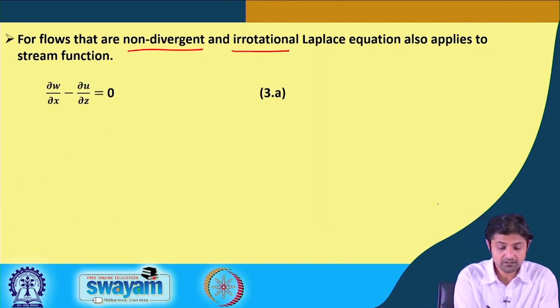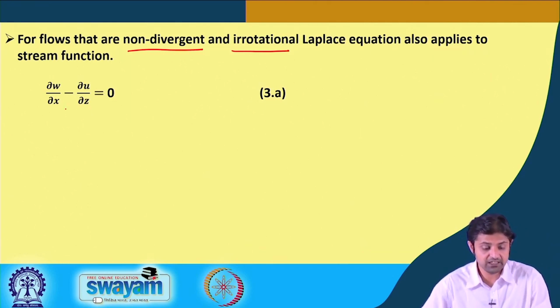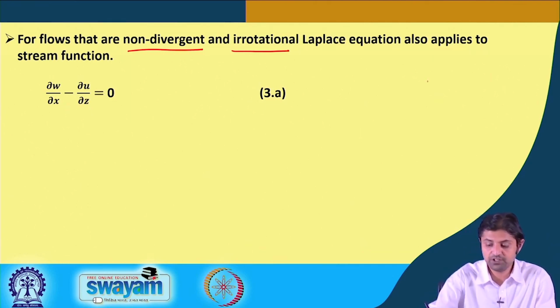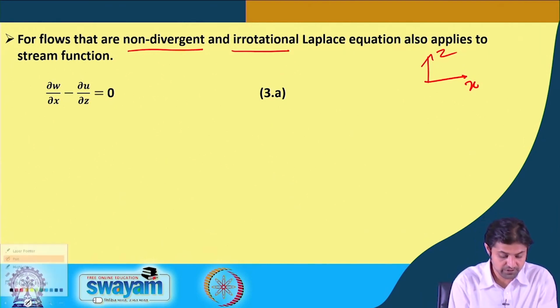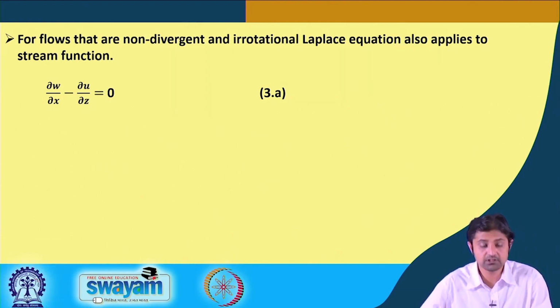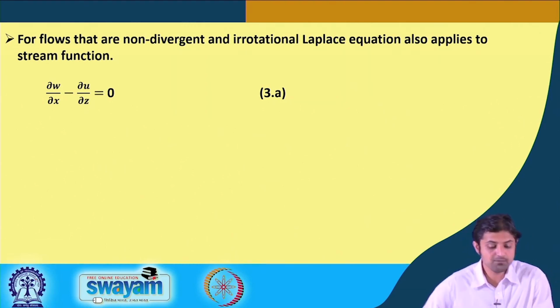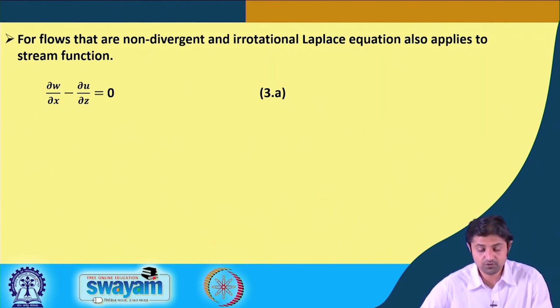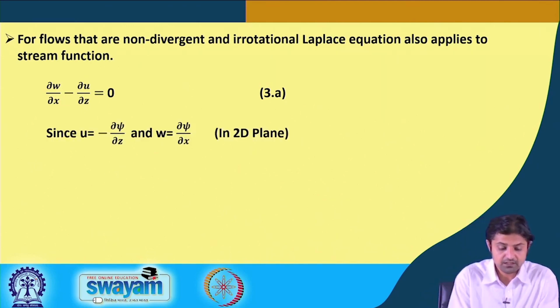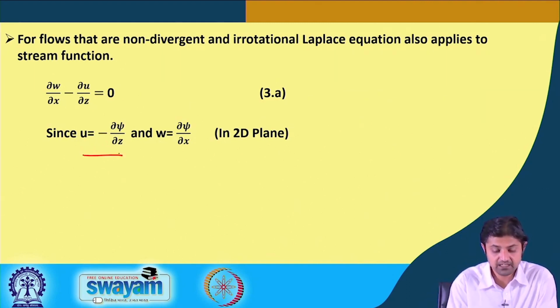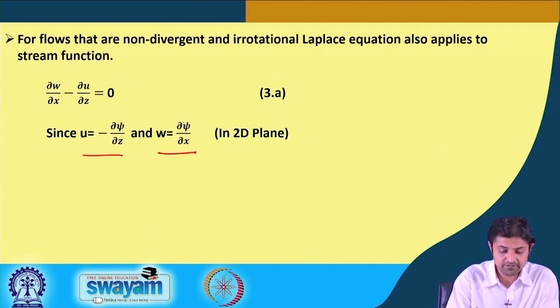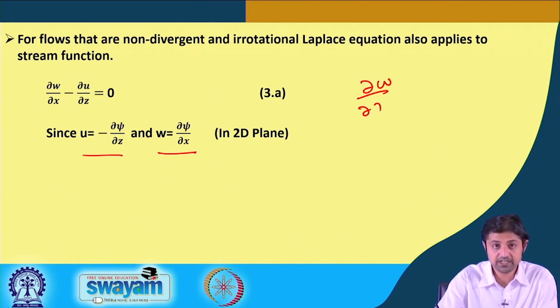We know that for irrotational flow we have del w by del x minus del u by del z, if we consider a flow in the x and z directions, all right. There are two directions that we assume, there is no flow in the y direction. So the stream function, as it can exist only in 2D, can be written in terms of del w by del x minus del u by del z, which is equal to 0 because the flow is irrotational, all right. Now using the definition of the stream function, if u is minus del psi by del z and w is del psi by del x, and if we put this, we say del w by del x minus del u by del z is equal to 0.